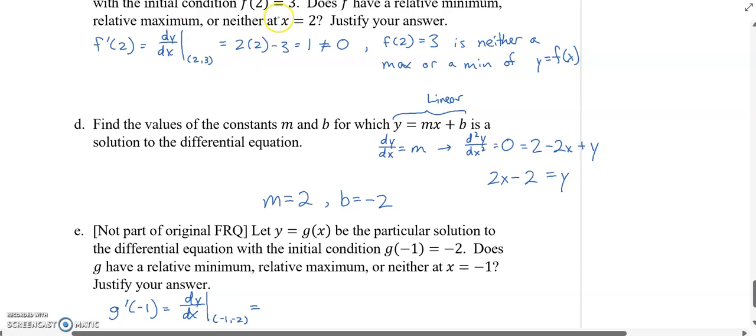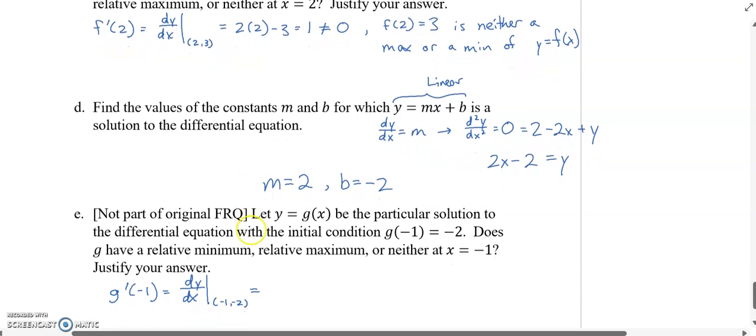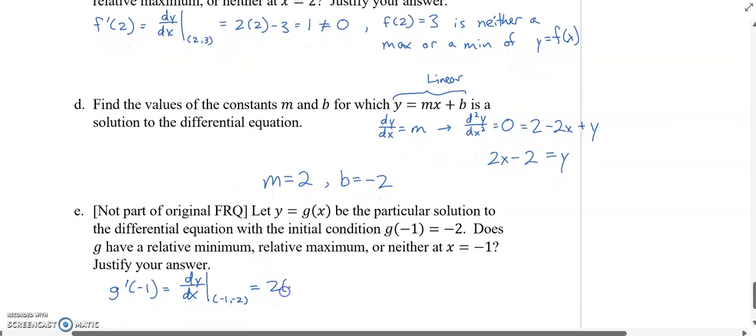I don't have the differential equation on the screen at the moment, but dy/dx equals 2x minus y. So if we look at 2x minus y, we'll get -2 minus -2, which is 0.